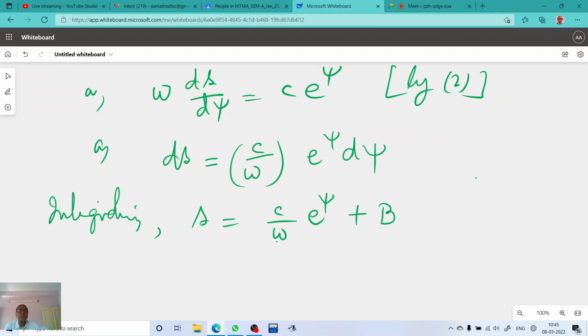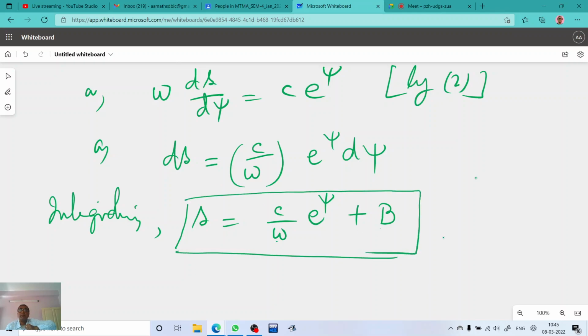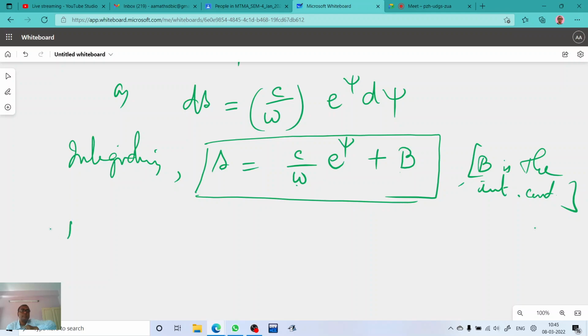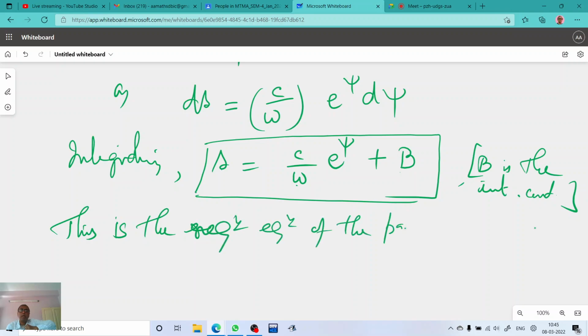So this is the relation between arc length s and angle psi between the x-axis and tangent. This is the required equation of the path.